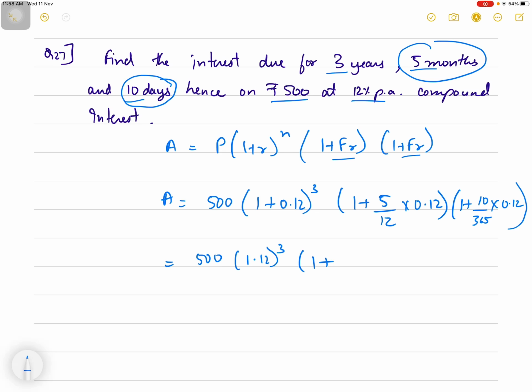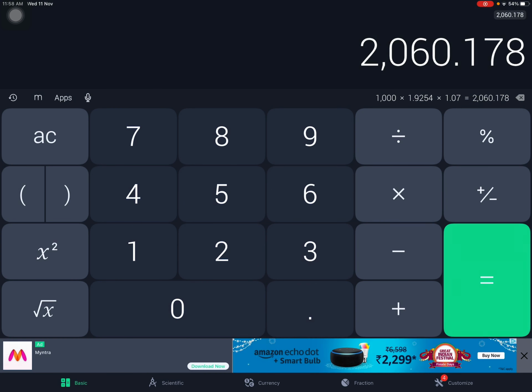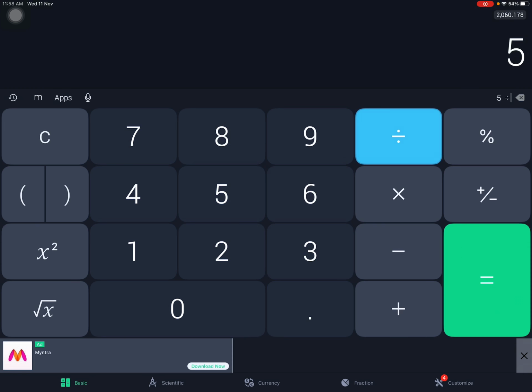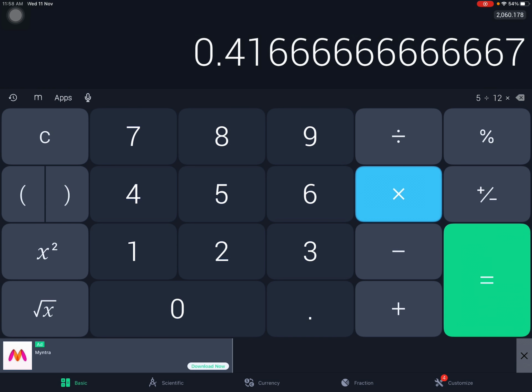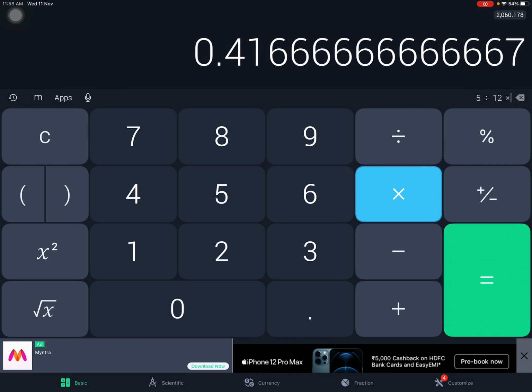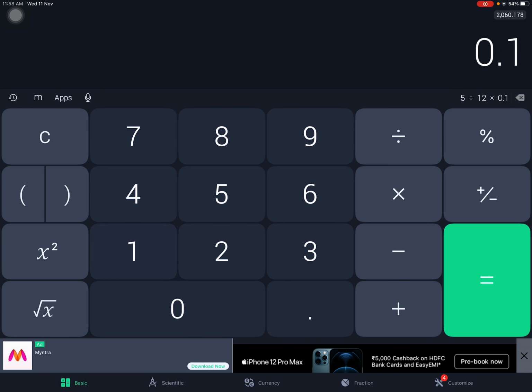1 plus, let's solve this. 5 divided by 12 multiplied by 0.12. It comes to 0.05.